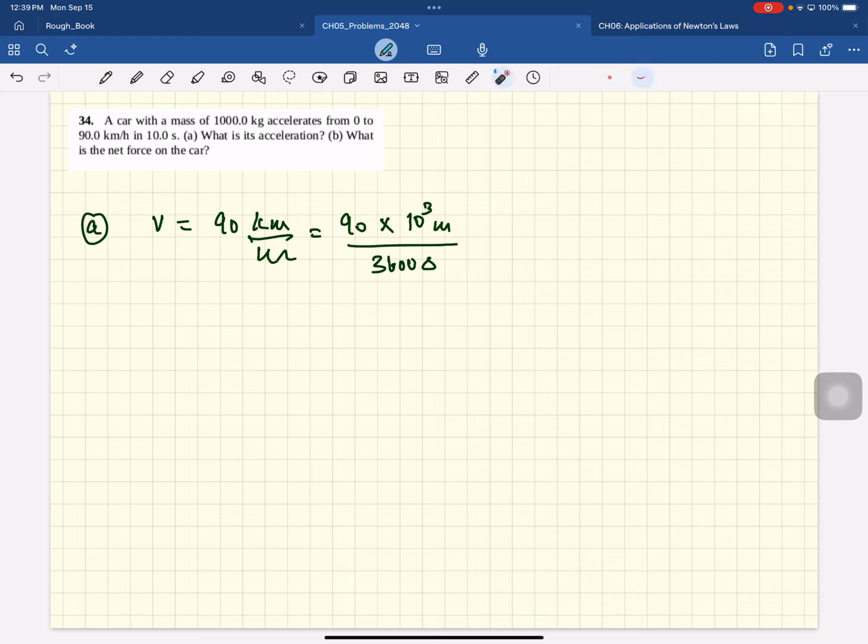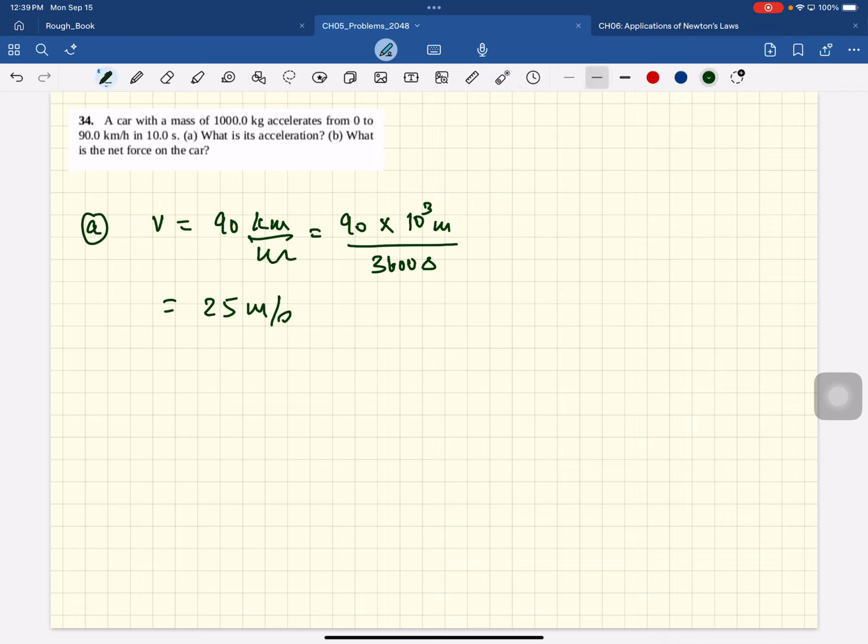So essentially, to convert this to meters per second, all you do is divide by 3.6. All right, so the car accelerates from 0 to 25 meters per second in 10 seconds.